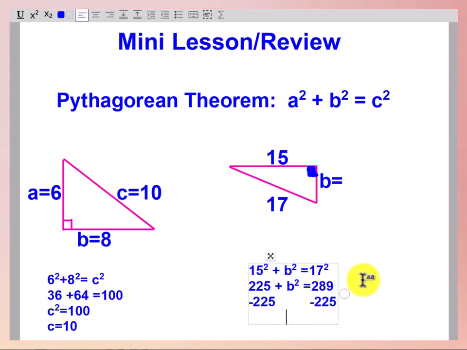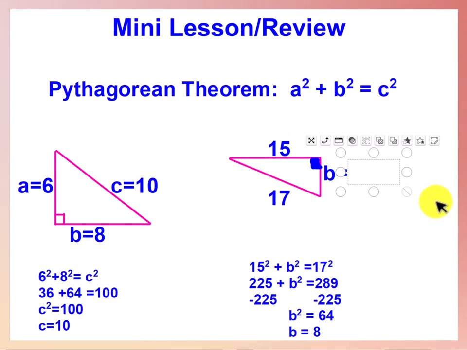So bring down your b squared equal, and then 289 minus 225 is 64. All right, take the square root of both sides. The square root of b squared is going to be b, and the square root of 64 is a perfect square. It's 8 times 8. So the square root of 64 is 8. We found the missing leg, so B is equal to 8.